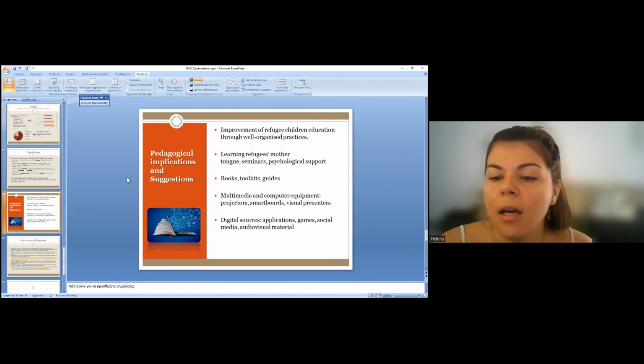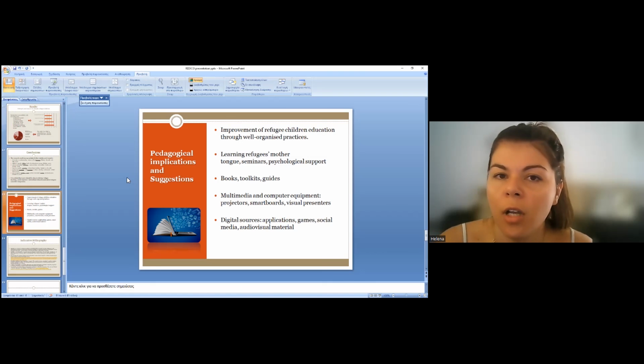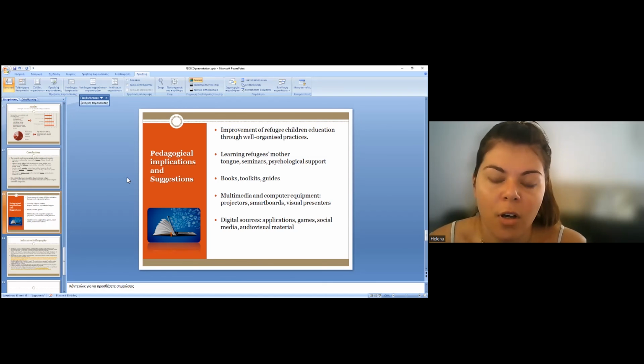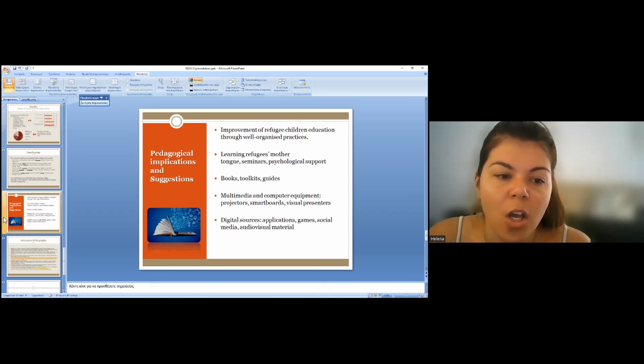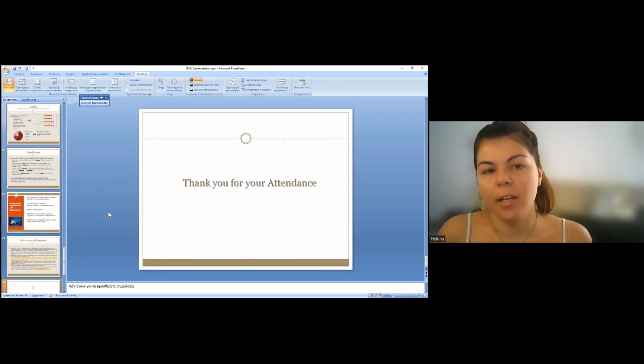They can play games, they can use applications, they can even use social media as individuals or in small groups in order to learn the new language, or even for teachers to learn the mother tongue of the refugee children.